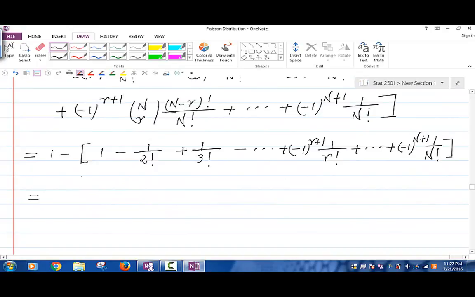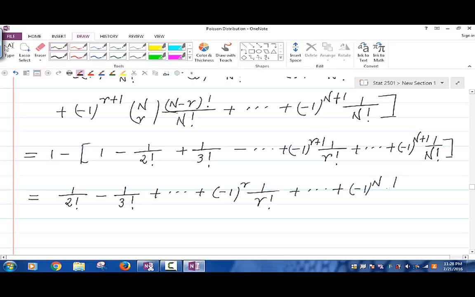Because I have 1 minus that, I can get rid of the brackets here. So I get 1/2! minus 1/3! plus ... (-1)^r times 1/r! plus ... (-1)^N over N!